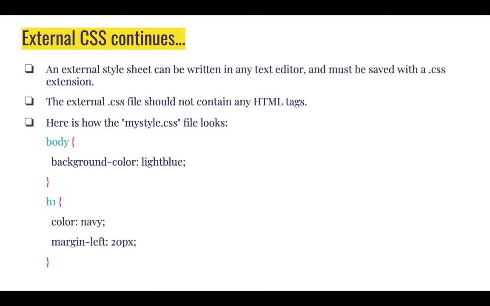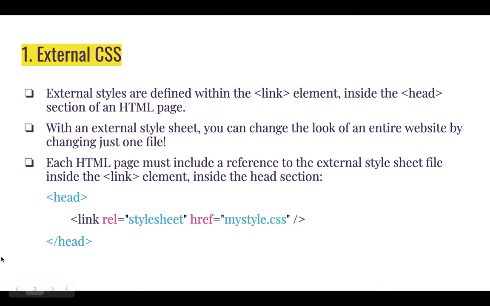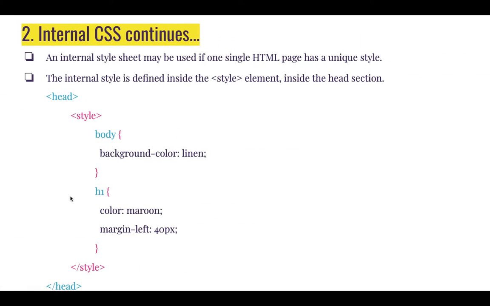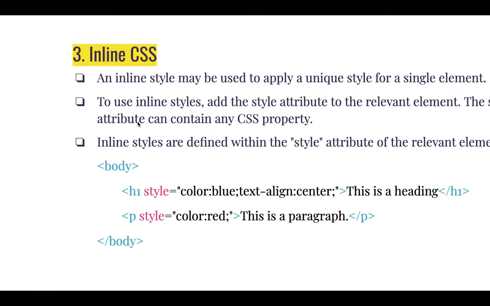Remember that for external style sheets, you insert a link element inside the head element, but for internal style sheets, you use the style element inside the head element. I hope that's clear enough.